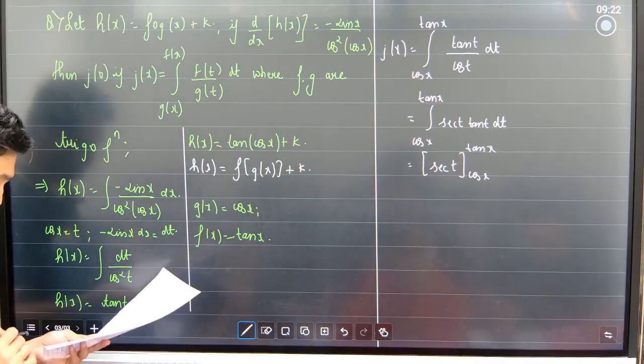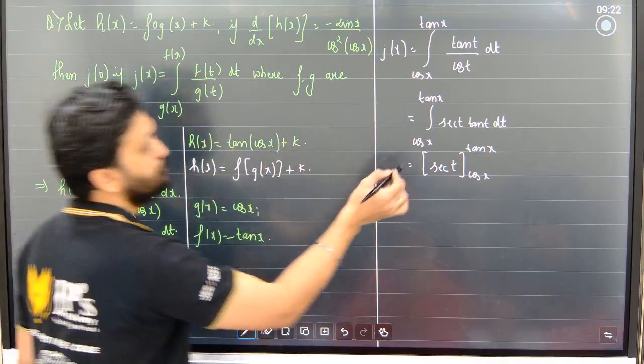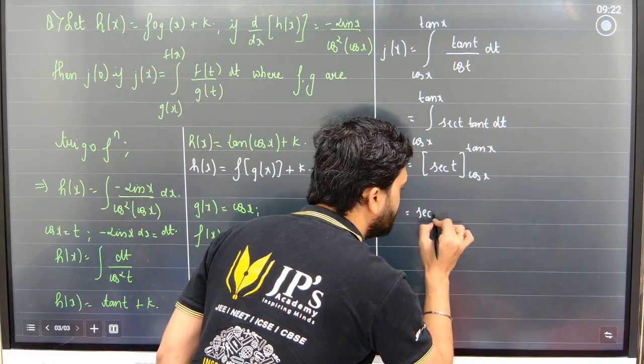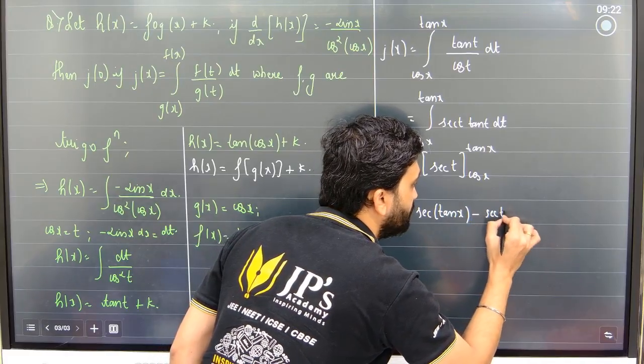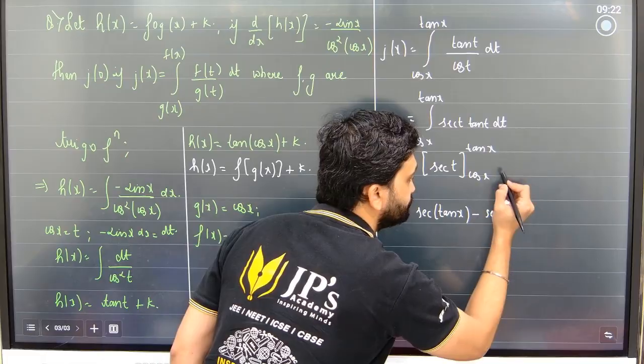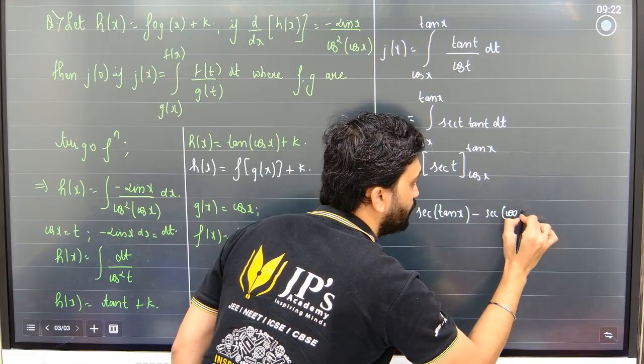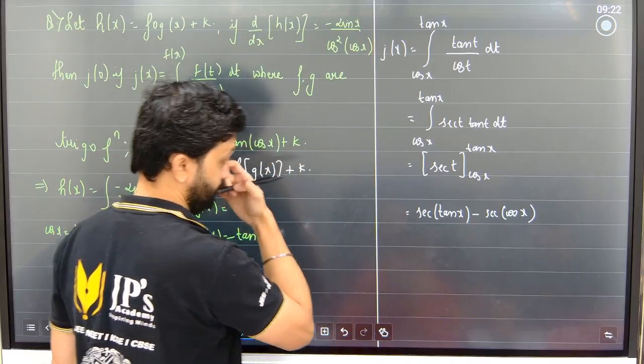Okay, and this will become पूरे आंसर में अपर लिमिट माइनस पूरे आंसर में लोअर लिमिट. This is g of x.